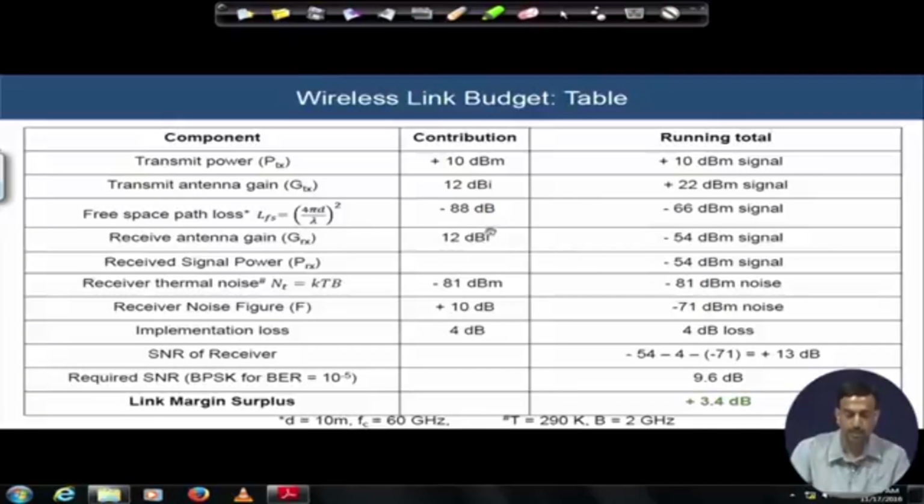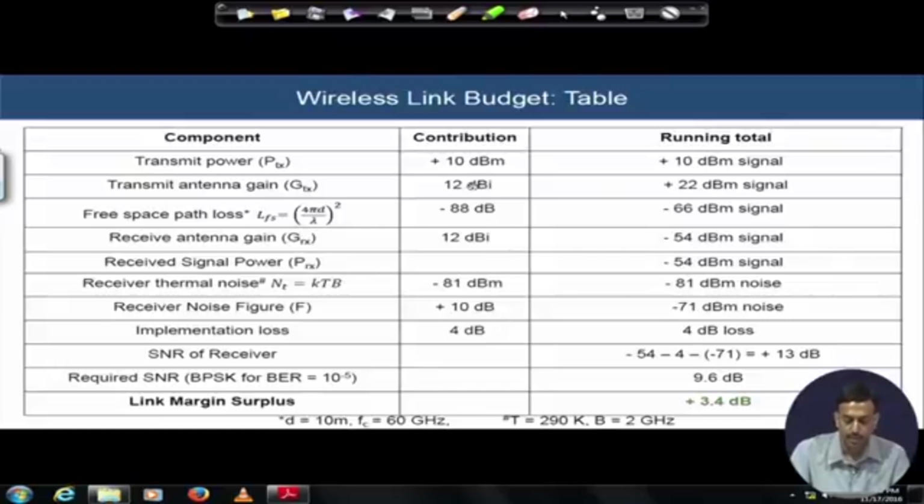However, we can also include a receive antenna gain for illustrative purposes. This is an additional gain which is possible provided the receiver has the capability to deliver an antenna gain. That is, if a smart antenna system is available at the receiver which can provide this kind of a gain. So what we see is the rest of the calculations remaining the same.